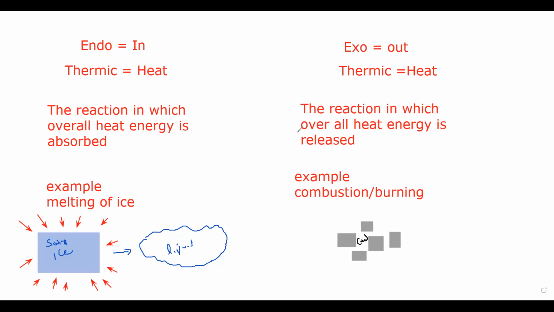Coal is reacting with oxygen, and when it reacts with oxygen, overall energy will be released. If energy is going out from the system to the surroundings, we call that reaction an exothermic reaction. So a chemical reaction can be endothermic, absorbing energy, or exothermic, releasing energy.